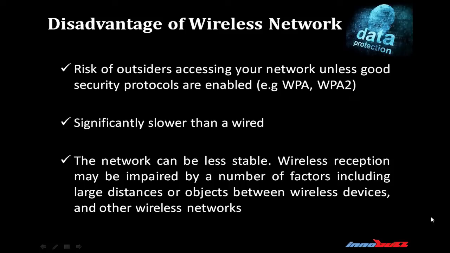The wireless network is less stable because wireless reception may be impaired by a number of factors including large distance, or objects between the wireless device and other network area or the wireless network. These are some of the disadvantages of the wireless network.